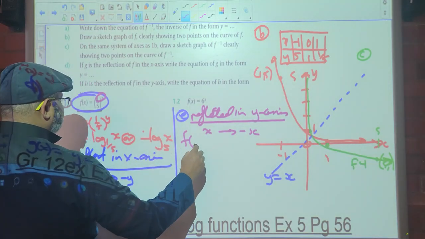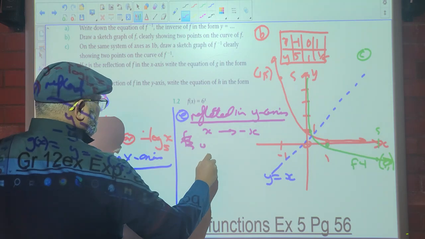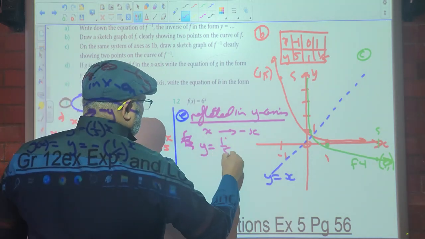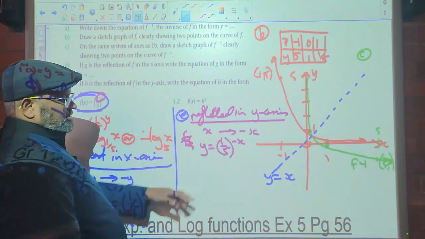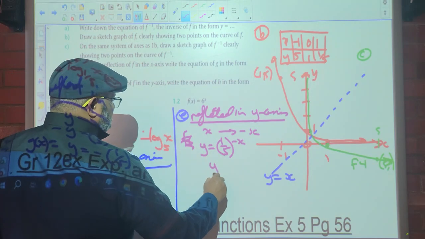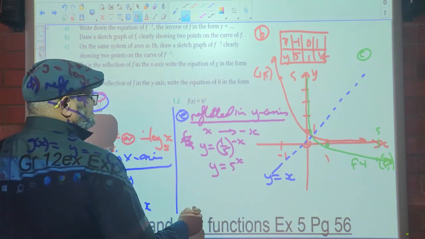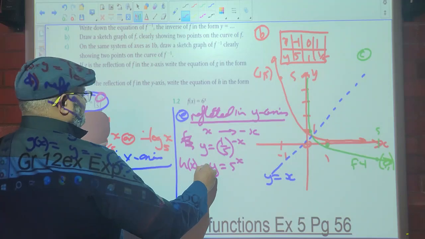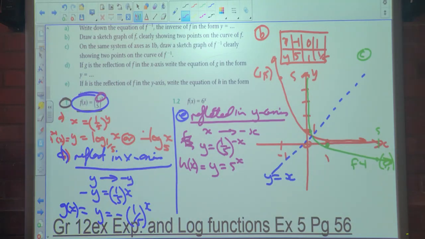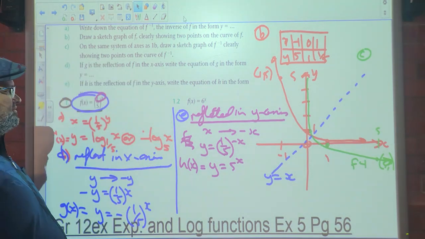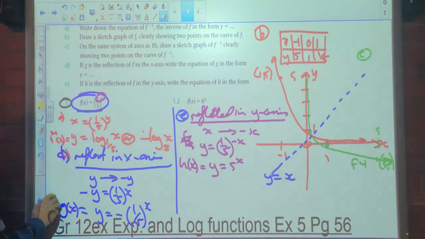We could have said f of minus x, the same thing, no? y equals 1 over 5 raised to negative x. But because of the fraction, we'll flip because of the negative. So therefore y is equal to 5 to the x. And this is the equation of h of x. Okay? Any confusion here? No? This is 1.1.